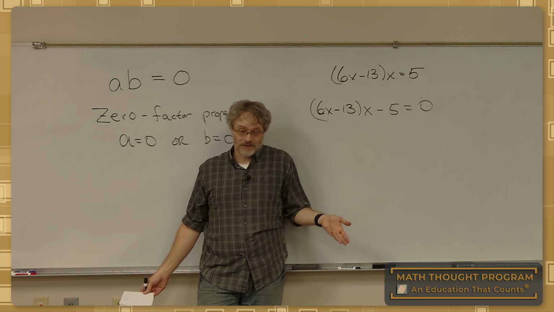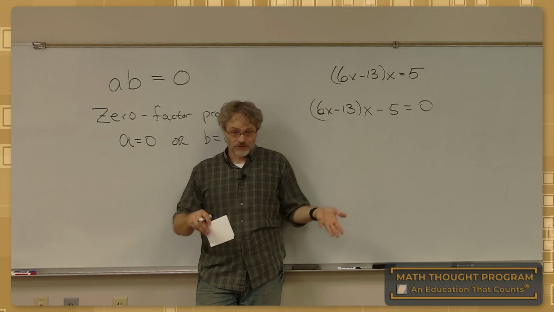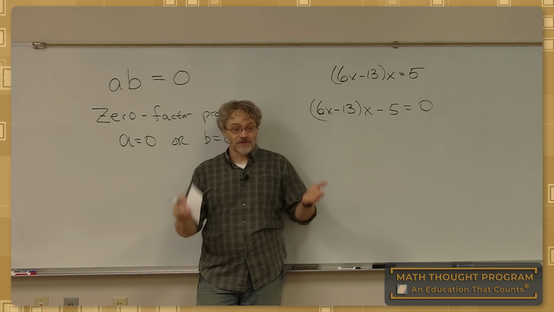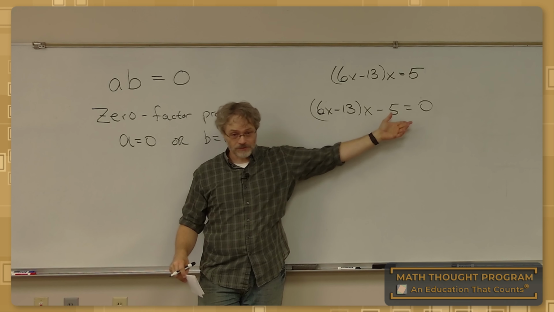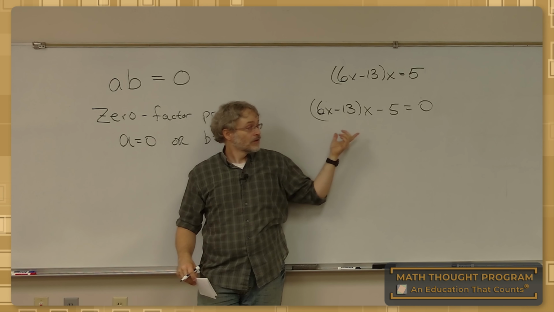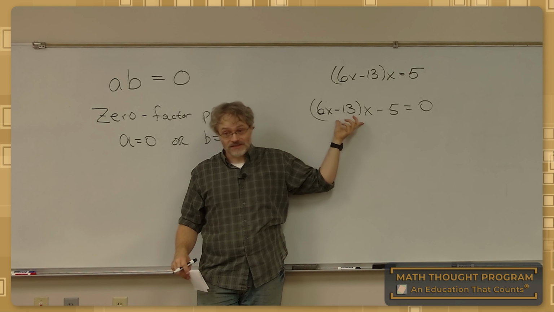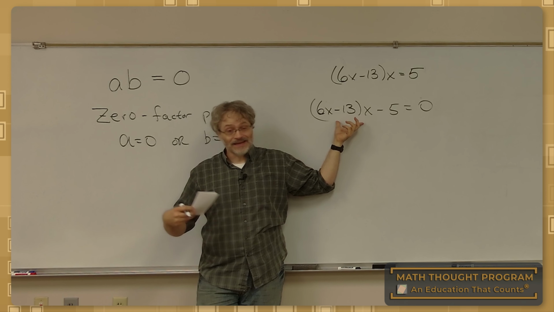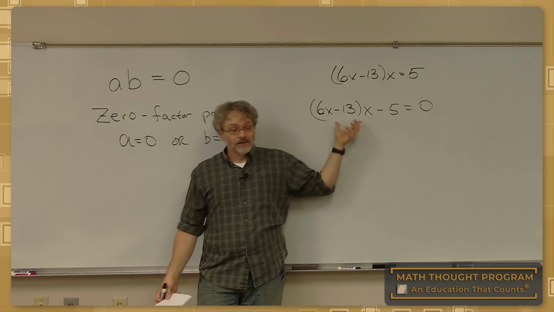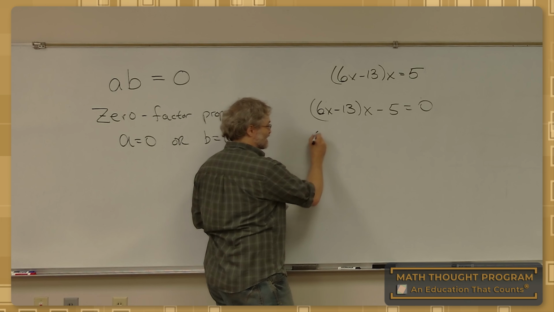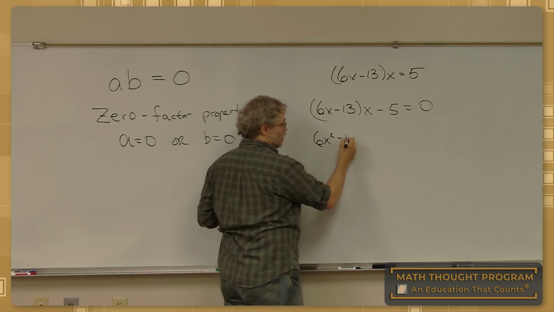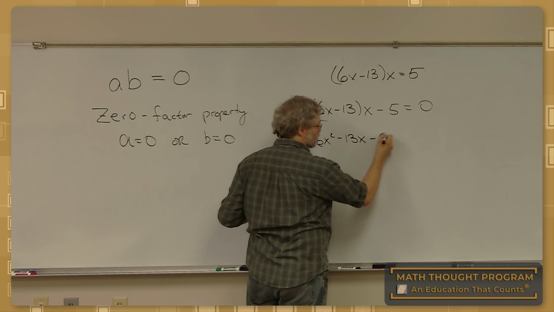Yeah, because in order to use the 0 factor property, I have to have 0, and the other side needs to be factored. Now, to go about that process, I'm going to have to take this and expand it out a little bit. So I'm going to have 6x squared, 13x minus 5.